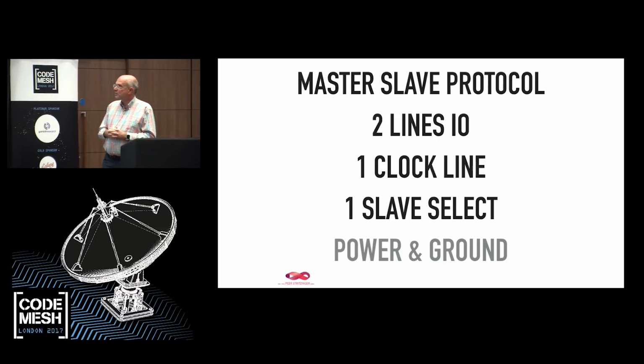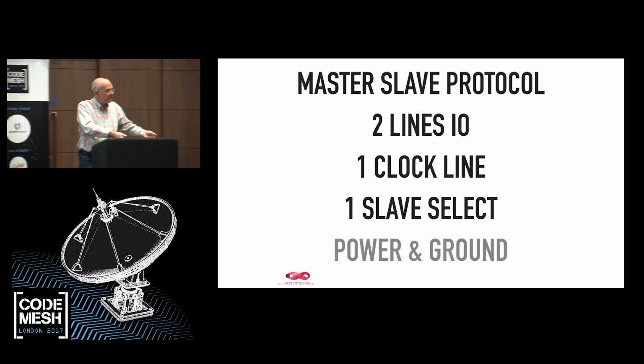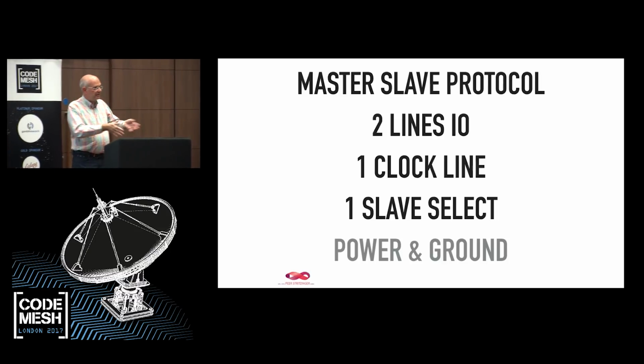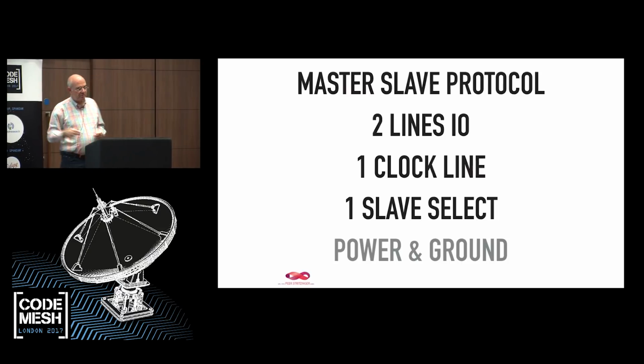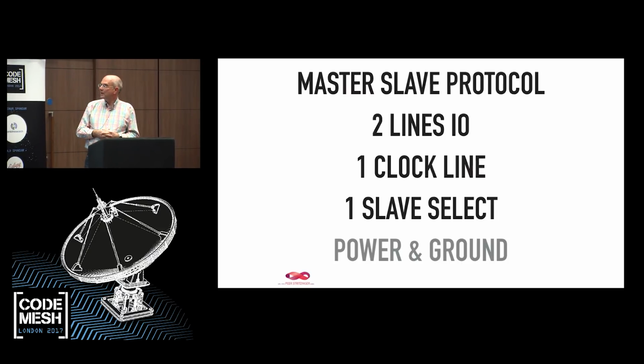It's a master-slave protocol, so the CPU is always the master, so basically telling the peripheral what to do. And you have one chip select telling the peripheral, yeah, I'm talking to you, by the way. One clock line, which is basically, yeah, here are the bits. And 2 lines there, one out, one in. Very easy.